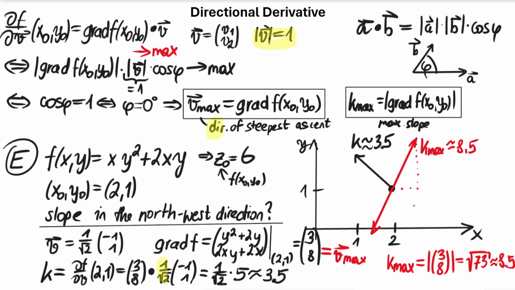If you consider the opposite, the reverse vector, then for sure you go downwards. So this is the direction of the steepest descent, which is then minus 8.5. Imagine you are hiking and then this should be clear.